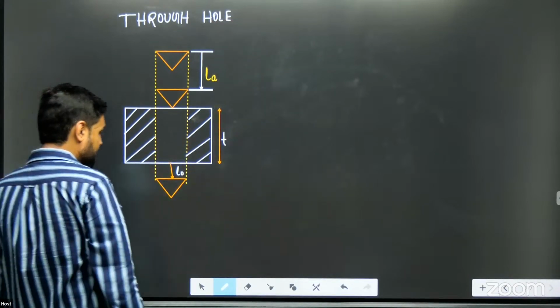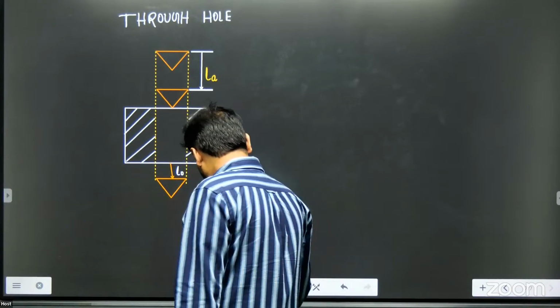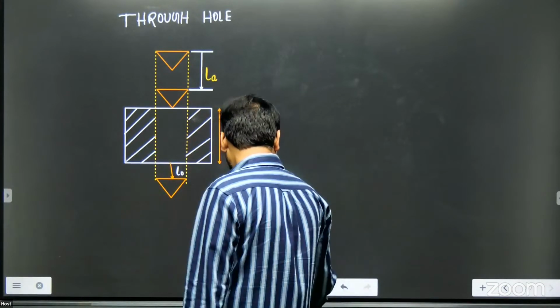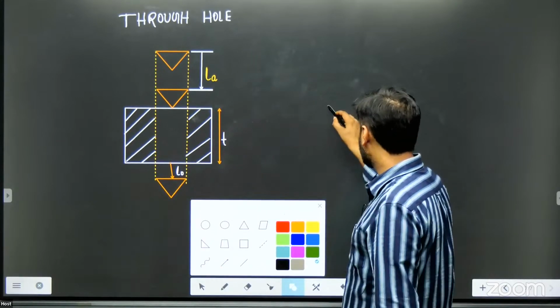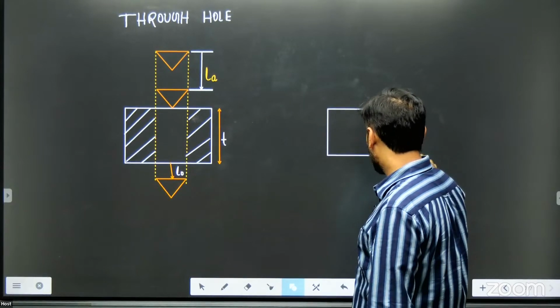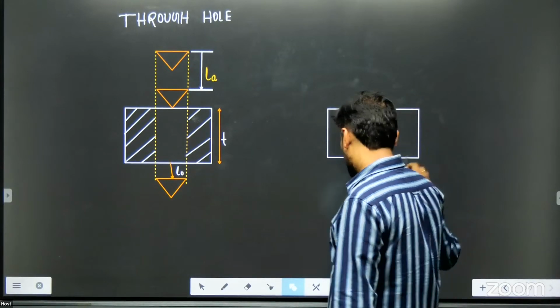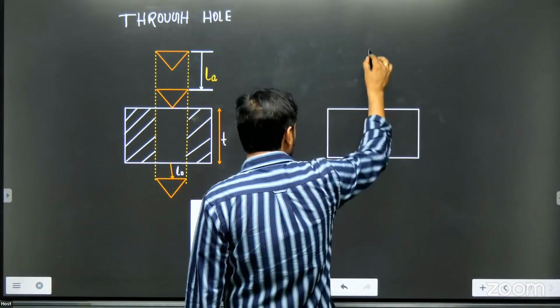And then here, suppose instead of that, my dear, if the workpiece is like this and you made the hole with the help of drill, the drill was kind of like here.